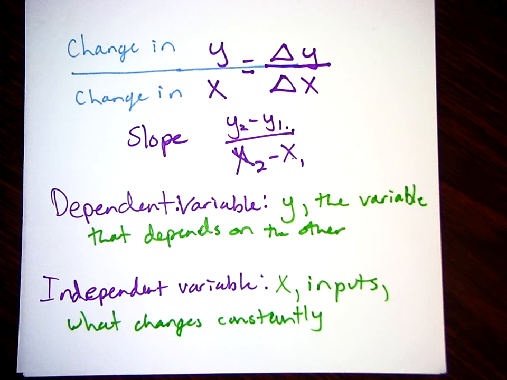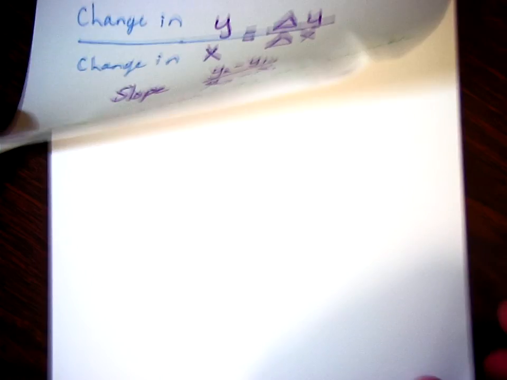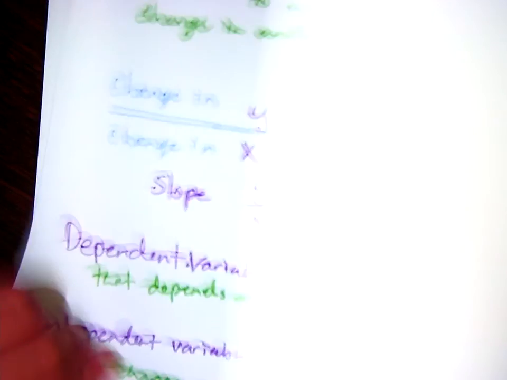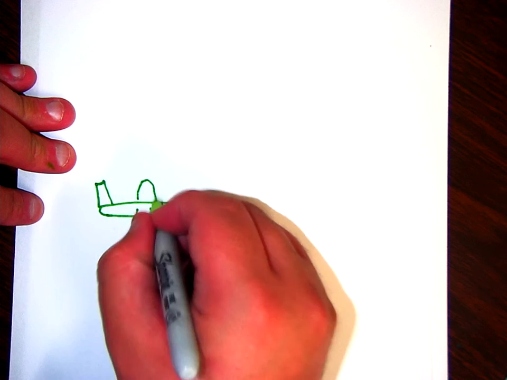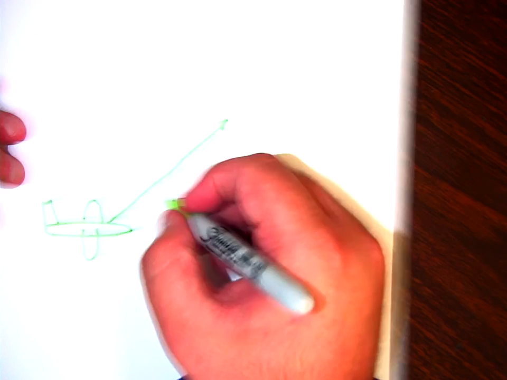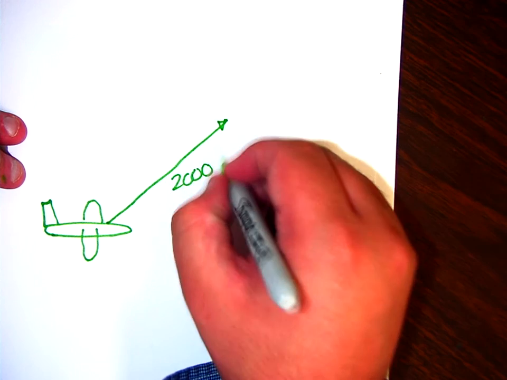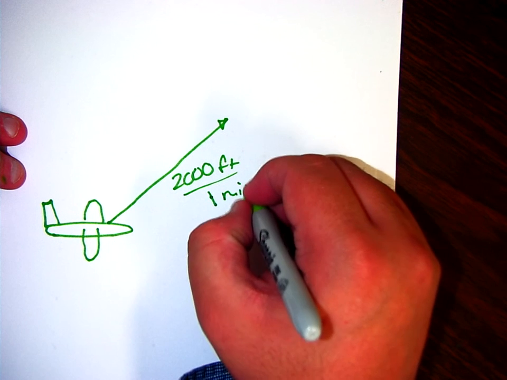So 2,000 feet per minute, this airplane is going up. It's going up at a rate of 2,000 feet per minute for every 1 minute.